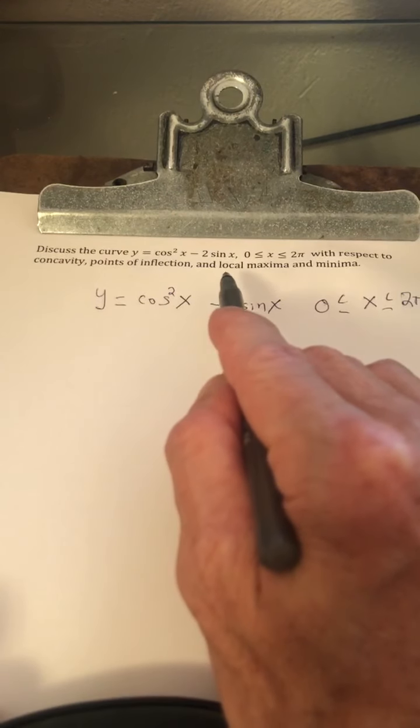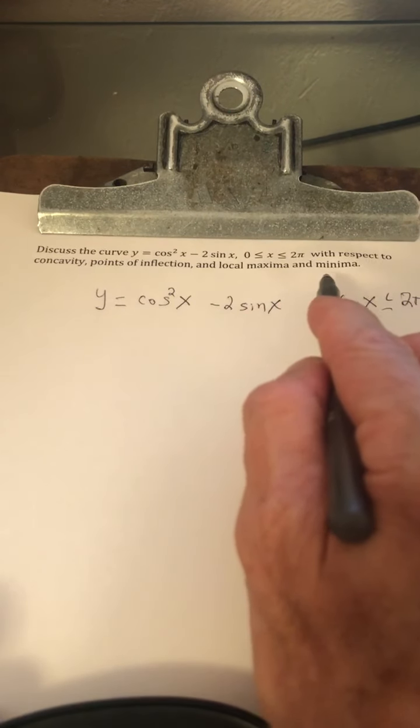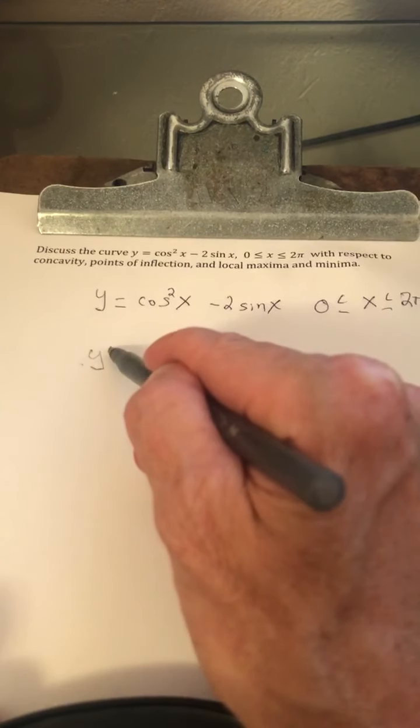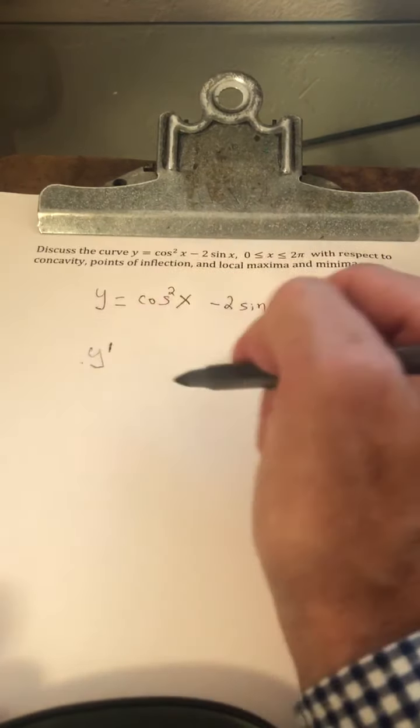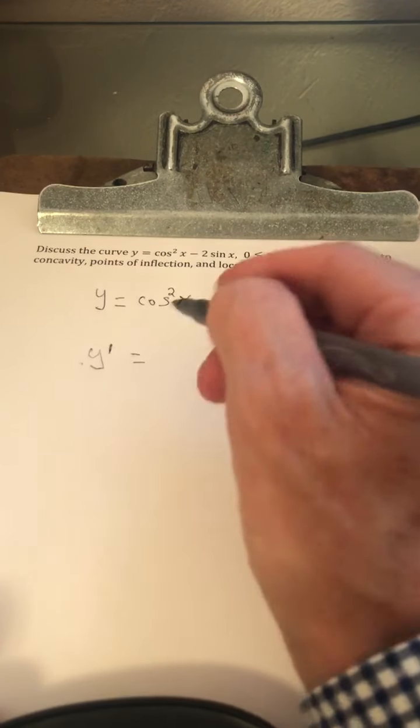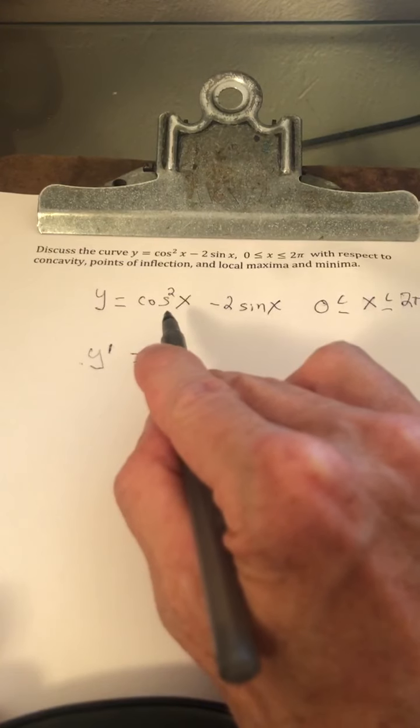So to find the local maxima and minima, we're going to need the first derivative. Differentiating with respect to x, notice that we're going to have to use the chain rule here.